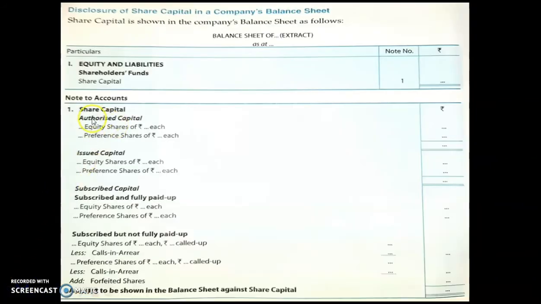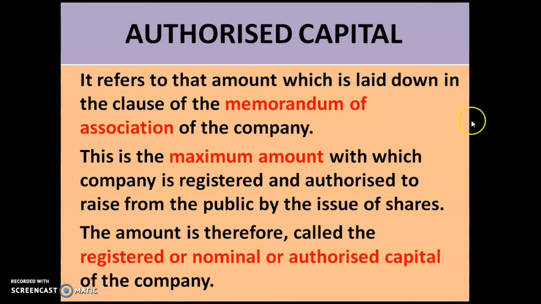Now let us discuss what each of these terms means. First of all, authorized capital. It refers to the amount which is laid down in the clause of the memorandum of association of a company. In our previous class, we discussed how companies are incorporated and established. You have seen that there is a promotion stage and an incorporation stage.